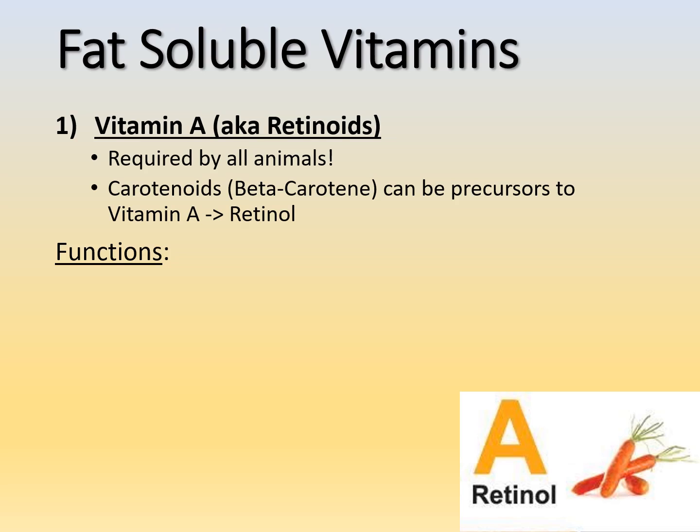If you see retinol or retinoids, that's referring to vitamin A. And the big precursor to vitamin A is carotenoids. Carotenoids is a group of compounds, and more specifically beta-carotene you guys have probably heard of. And beta-carotene is probably the most well-known precursor to vitamin A. So we turn beta-carotene into vitamin A or retinol.